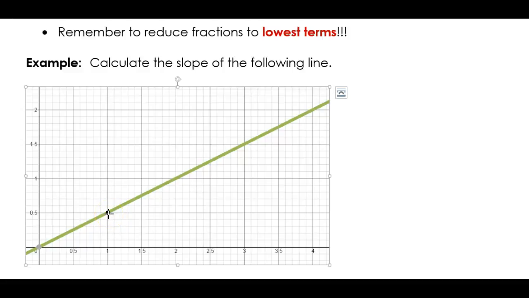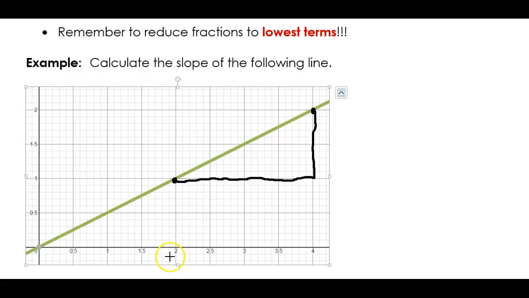Ooh, no. Maybe not, because that is going to give me a fraction as well. So I'm going to pick right here 2 and 4. And I'm going to go all the way over. And I'm going to go all the way up.